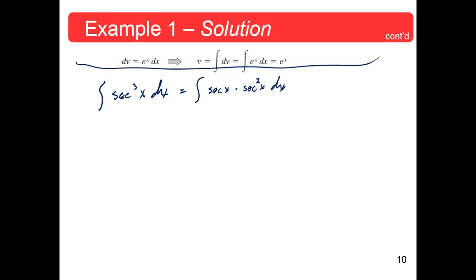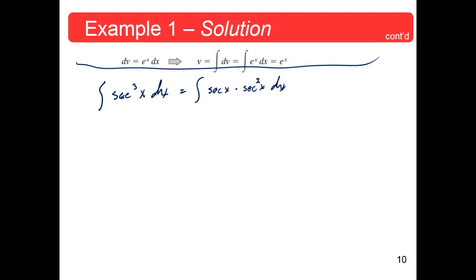In terms of pairing it with the dx, the secant squared is the derivative of something. Derivative of tangent is secant squared. So there you have a perfect derivative over there.